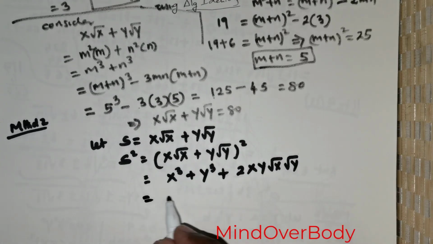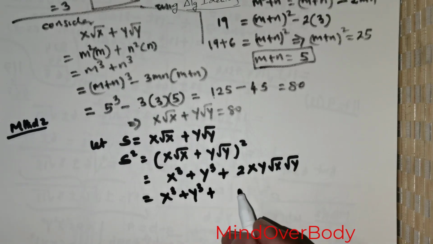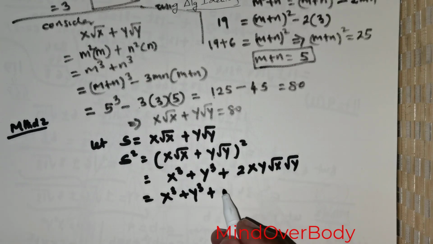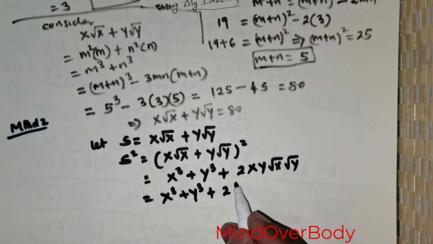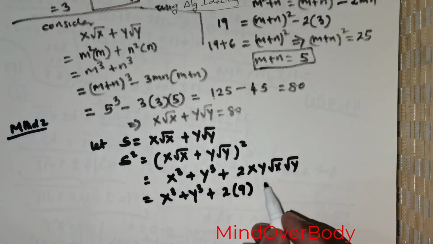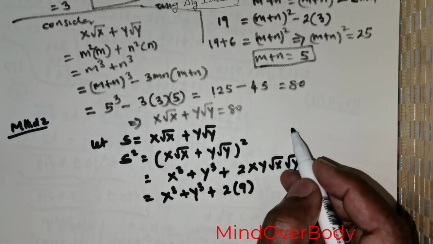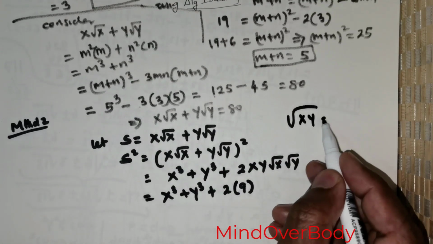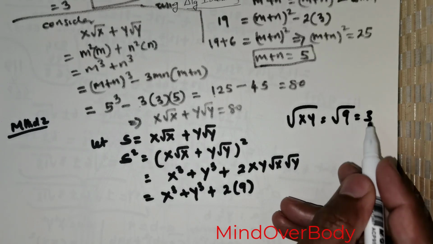Now I can rewrite this. Let me just retain this x cubed positive y cubed positive. Now my xy from the question, x into y is 9, and this is root of x times root of y. That's going to be root of x into y, which is root of 9, which is nothing but 3.